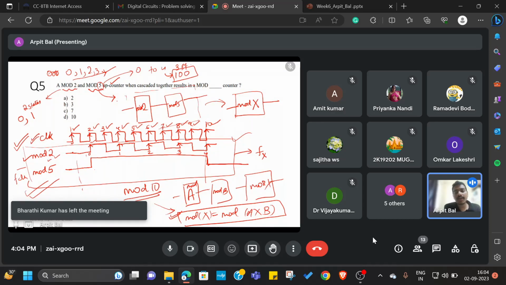And when we are cascading these 2 counters, we needed to figure out what is the modulus of this newly constructed counter, mod x.